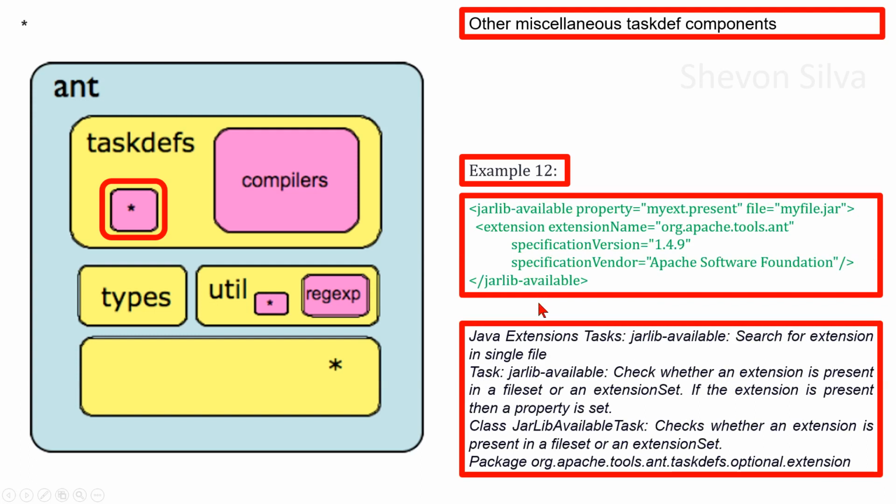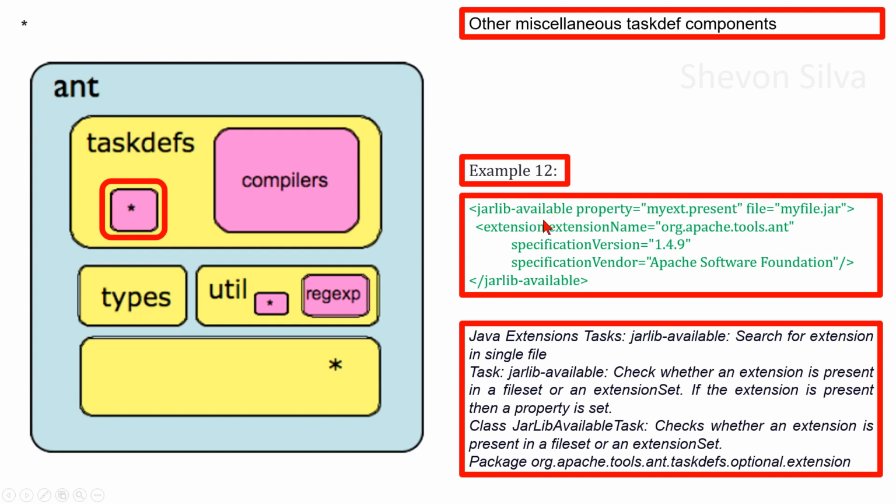Now we are considering jlibrary-available in Java extension tasks. Here, search for an extension in a single file. The task checks whether an extension is present in a file set or an extension set.